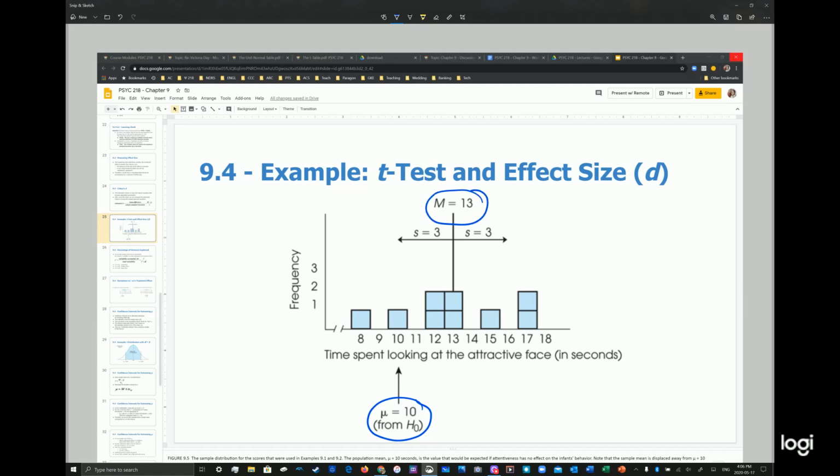Well, there's 3 points. Then while that might be a larger, more extreme value for a null distribution, in terms of the sample distribution, well, here you got the standard deviation of 3. So a mean difference of 13 from 10, it would be 1 standard deviation away from the population mean. So the effect size here is 1.